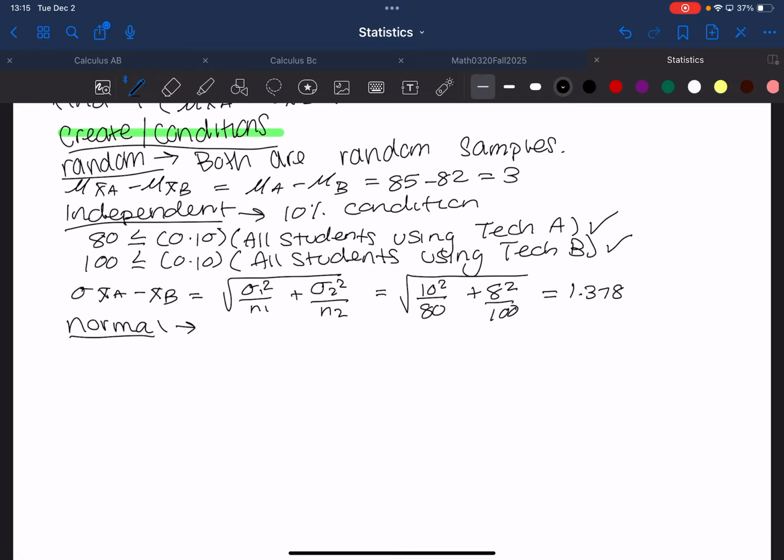Our samples are greater, so we would say 80 is greater than or equal to 30, and 100 is greater than or equal to 30. So by the central limit theorem, we assume approximately normal.